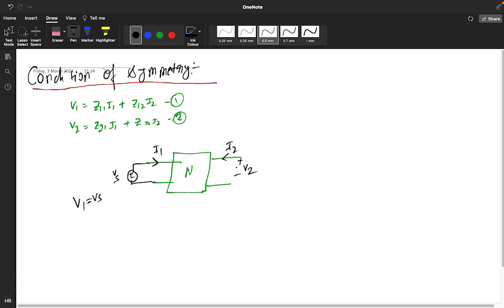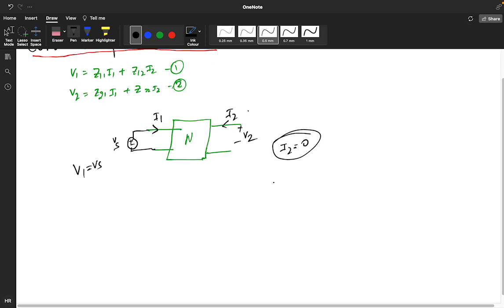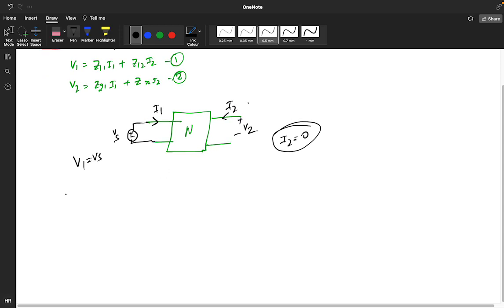The circuit is open means no current will flow, so I2 is equal to 0. Substituting this in equation 1, what do you get? Vs is equal to Z11 I1 plus Z12 into 0.